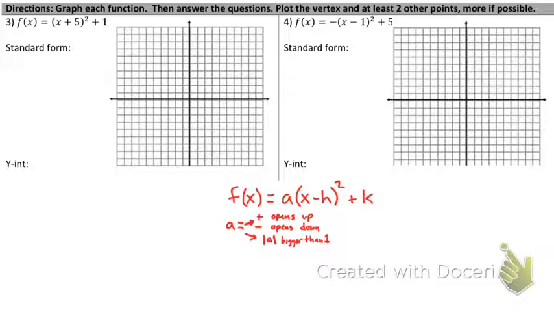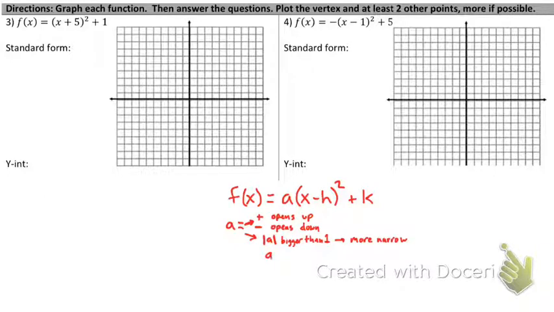So the bigger than 1 it gets, so 2, 3, 4, the bigger the number means more narrow graph. So think skinnier. The skinnier our parabola gets, okay? So the bigger the number, the skinnier our parabola gets.